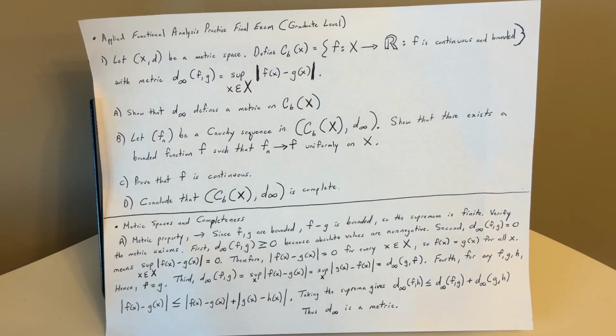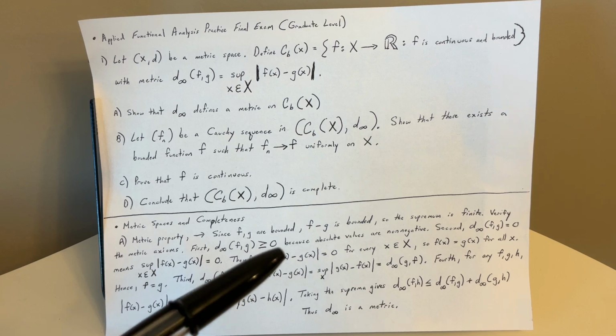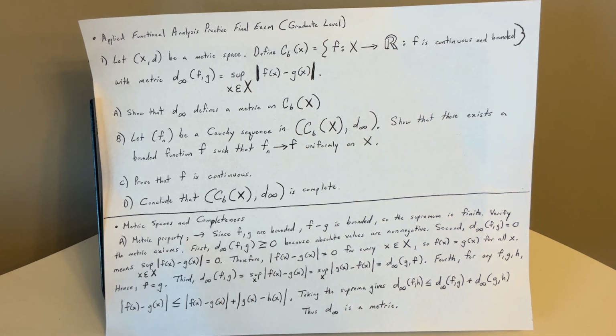For x being an element of X, if you want to say it that way, and hence f equals g. So third, d_∞(f, g) equals the sup of the absolute value of f(x) minus g(x), which equals the sup of the absolute value of g(x) minus f(x), which equals d_∞(g, f).